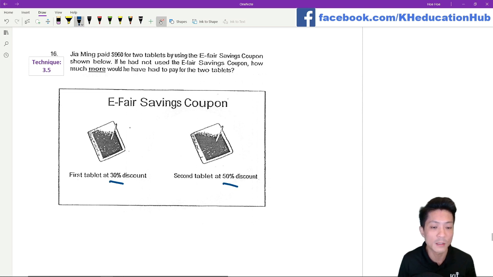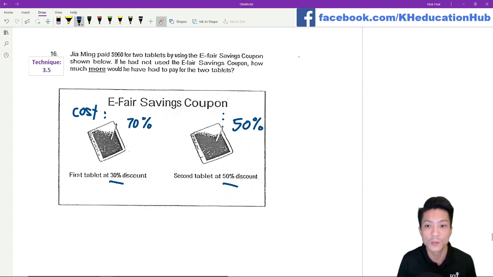Okay, which means that the first tablet costs 70% and the second tablet costs 50%. If you're not comfortable with using percentage, you can treat it as units.